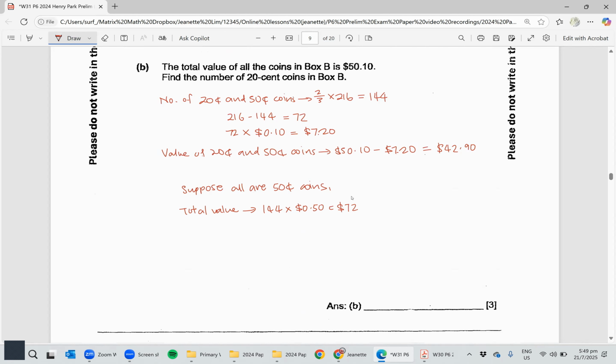This will give us $72. Okay, the value that we have is $42.90, right? The extra that we need to remove because now it's too high will be 72 minus 42.90. This will give us $29.10.